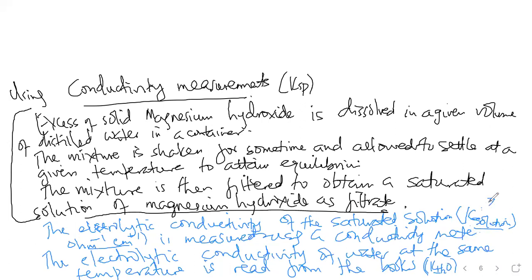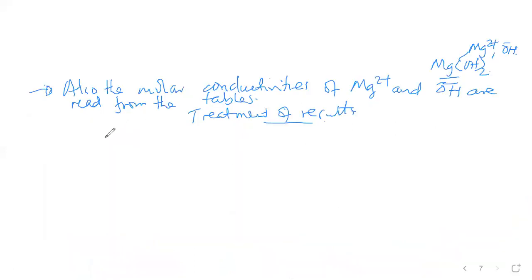In that saturated solution, there is magnesium hydroxide, there is also water. So you need to obtain the electrical conductivity of magnesium hydroxide alone using these two values here. And that's what we are going to do here. We shall get electrical conductivity of magnesium hydroxide as the electrolytic conductivity of the solution minus the electric conductivity of water. Are we together?